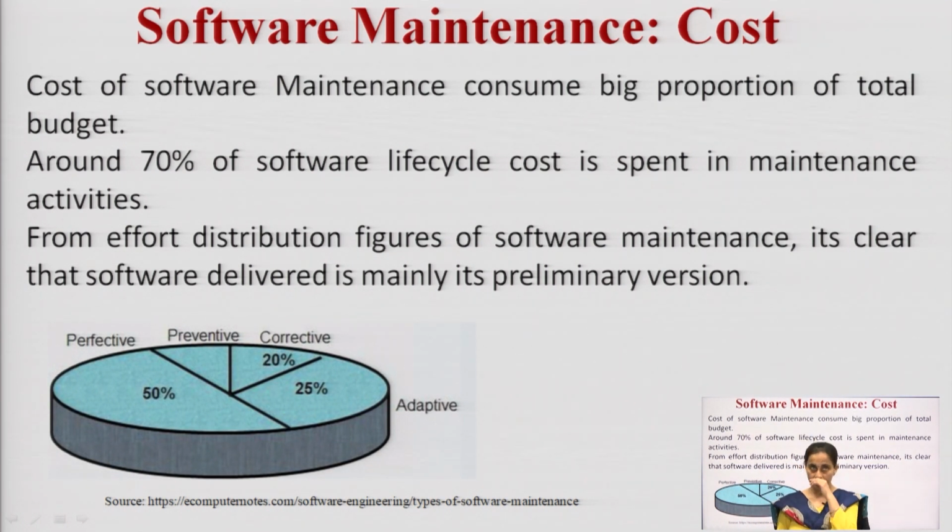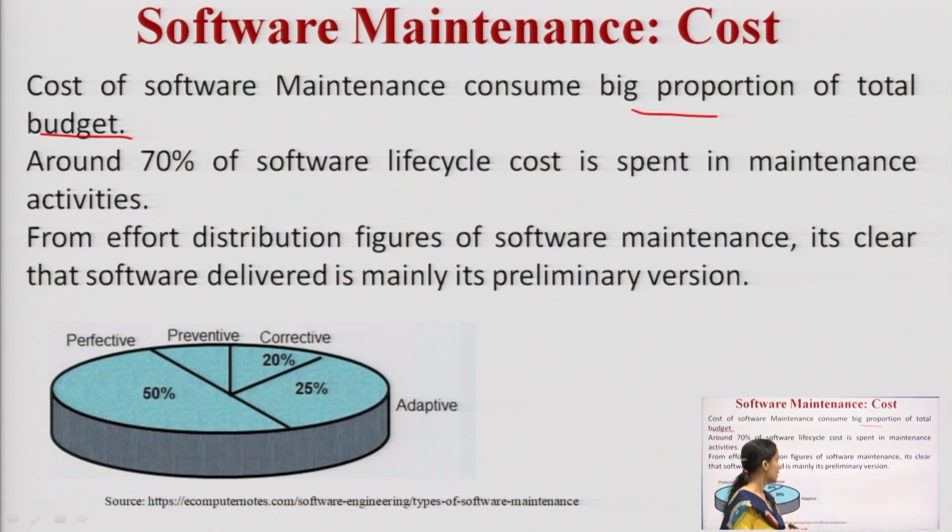The cost of software maintenance consumes a big proportion of the total budget. Whatever budget has been approved by an organization during the SDLC for all the phases of my software, this maintenance involves a large portion.